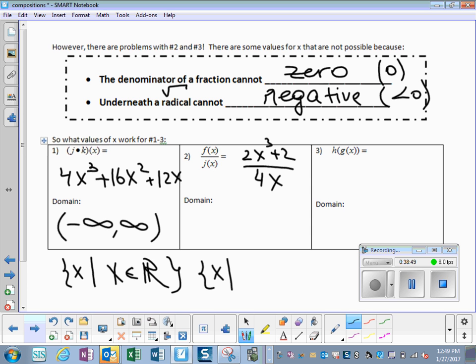So x could be either less than 0 or greater than 0, but not 0. So x not equal to 0. x can be anything but 0. If I wanted to write this in interval notation, how would I write this? Negative infinity to 0, union 0 to positive infinity. Everywhere parentheses, because I do not want to include 0.